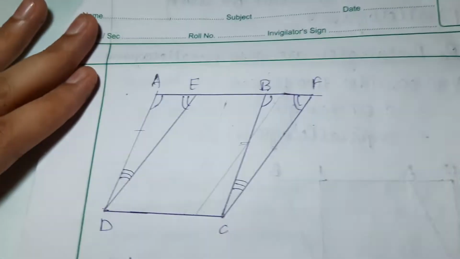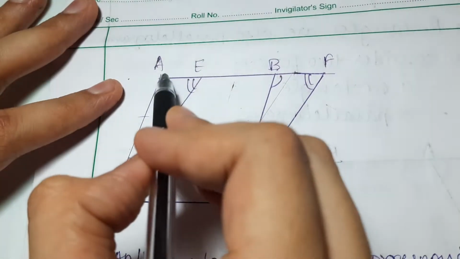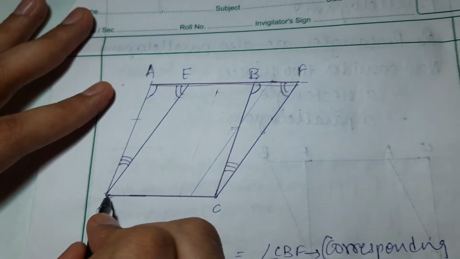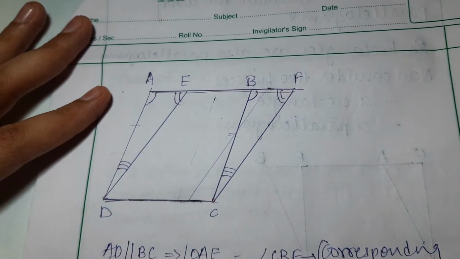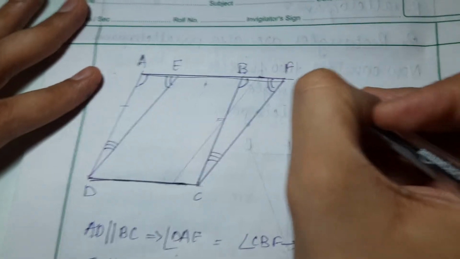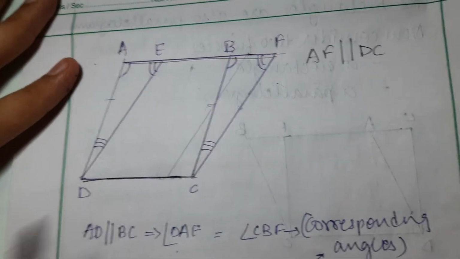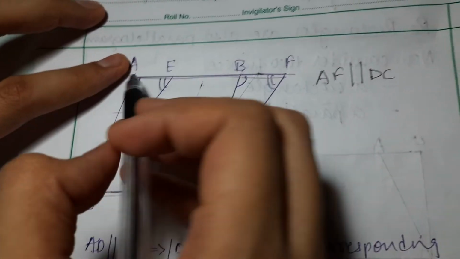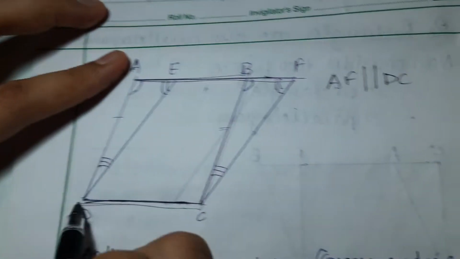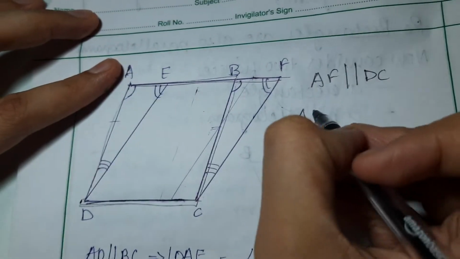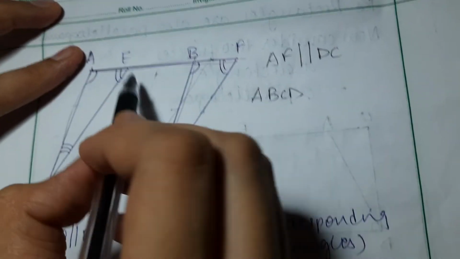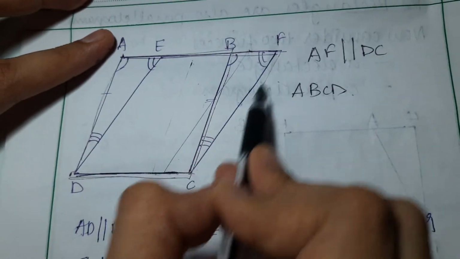Now look at this figure. Okay, I have 2 parallelograms here. AF and BC are parallel. First of all, AF is parallel to BC, and the figures I'm talking about are ABCD, and the second figure is EFCD.